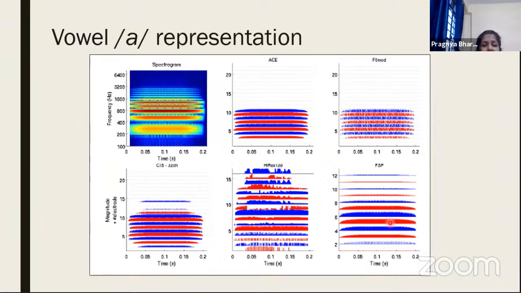Again, we can see some of the strategies seem to give better spectral resolution, whereas others rely more on the temporal resolution. And most of them now try to combine both of this information with as much efficiency as possible. So this is all I had for you today.